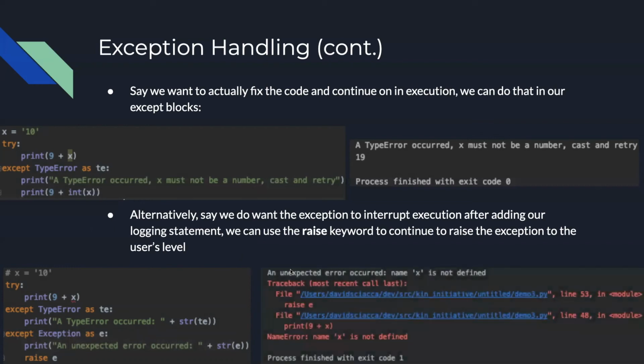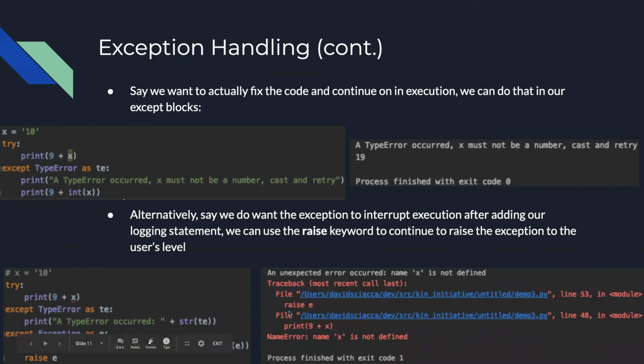So when we run this code, I get "an unexpected error occurred, name x is not defined." So that's the string version of my error here, that name x is not defined. And then in my traceback here, what you'll notice is that it calls out my file here, demo3.py, line 53. So I didn't capture the line numbers here, but this raise E is on line 53.